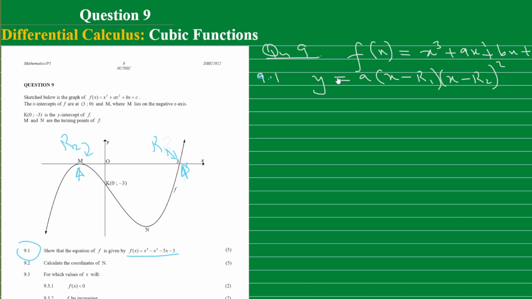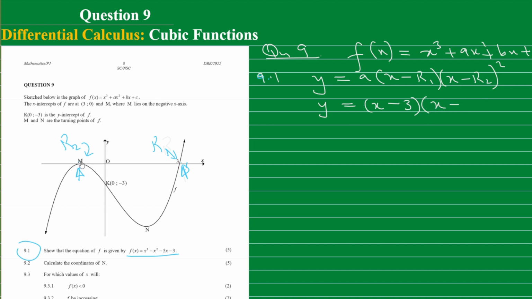r is simply standing for the first root and the second root. If we substitute these terms in here, y will be equal to a. Already we are given over here that it's 1. So that will be 1 into x minus r1, the first root, which is 3, into x minus r2.